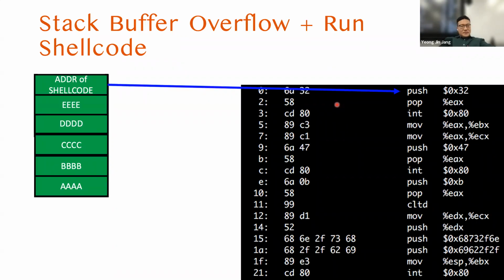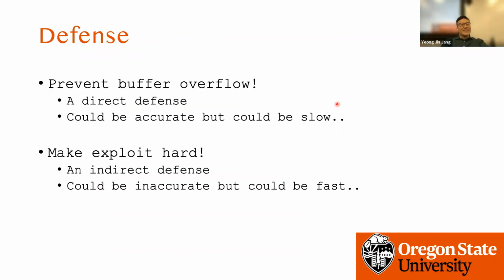But then let's think about how we can defeat such attacks. There are several defenses available. One is, the problem is the buffer overflow, not the shellcode. If there's no buffer overflow vulnerability, then we as attackers cannot even have a chance to run the shellcode. So that's the fundamental defense.